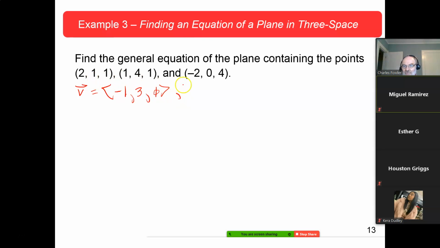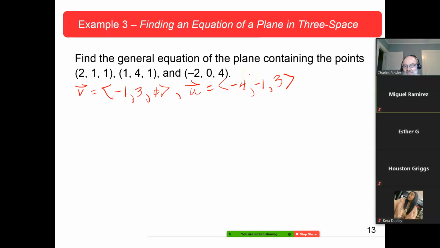You could also do the same thing and call it vector u. Now that's not a unit vector, it's just a vector u. And that would be, let's just take this point. Negative 2 minus 2 would be a negative 4. 0 minus 1 would be a minus 1. And 4 minus 1 would be a 3. There's another vector in that plane.